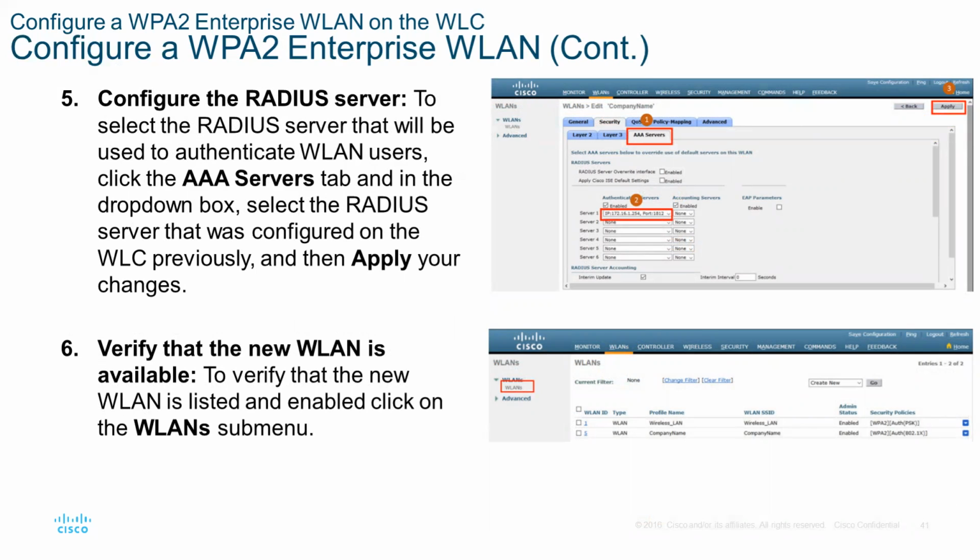Then we move across to the AAA server, put in the server address and port number that it's running on. Make sure we apply those, and then go to the wireless and check that our client wireless is enabled.